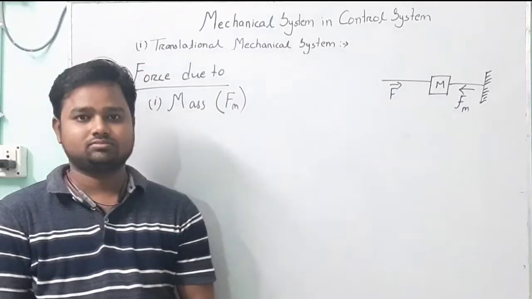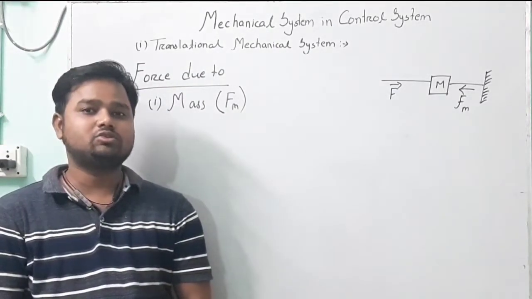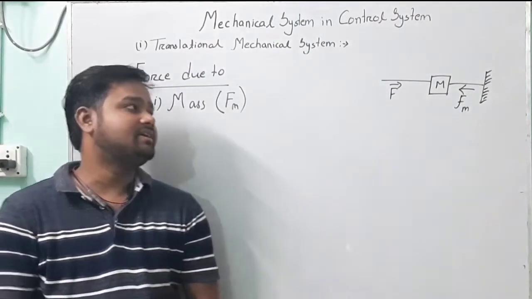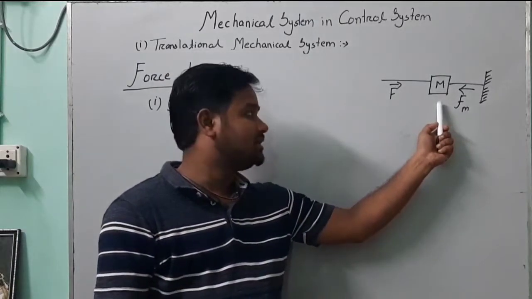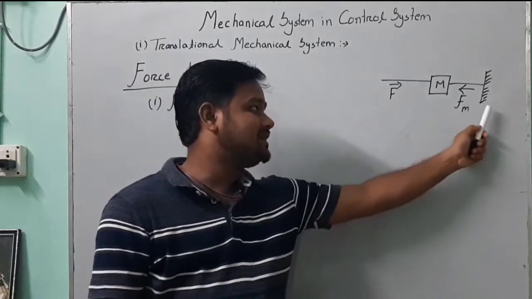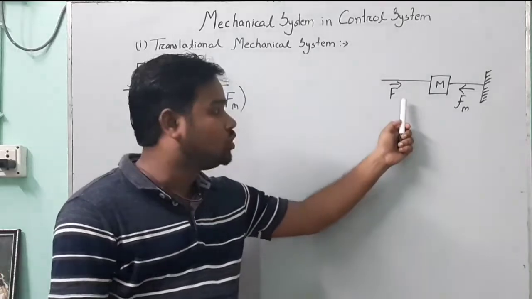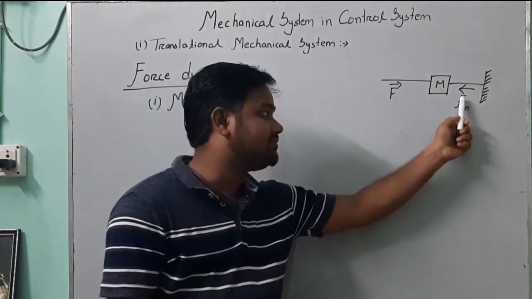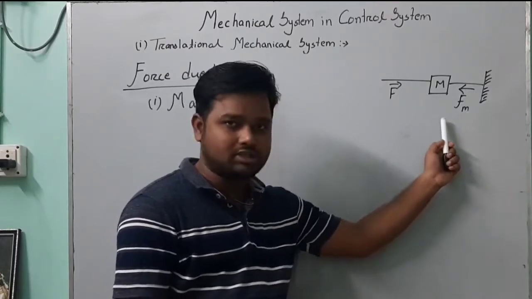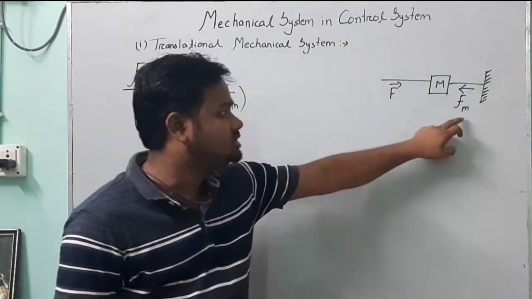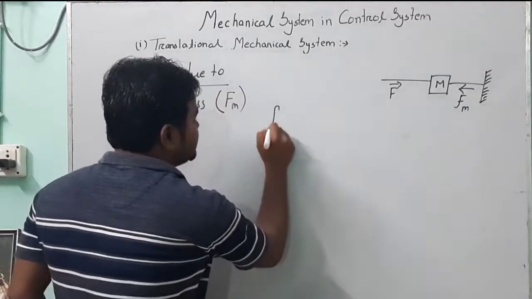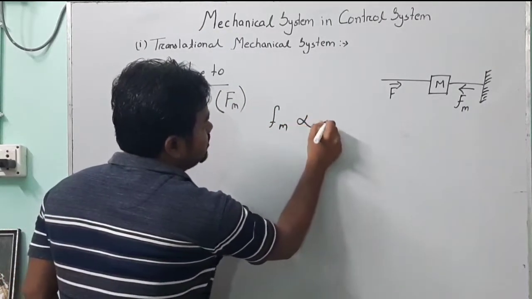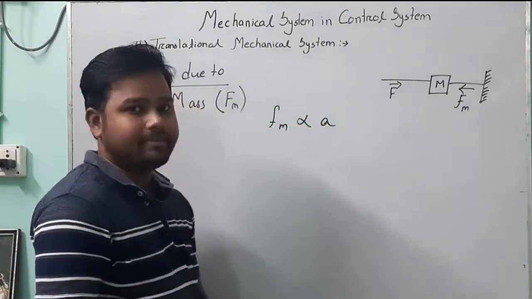Okay, now we have studied displacement x, velocity v and acceleration a. First we will study the force due to mass m. If a body having mass m is connected such that one side is fixed and one side is open, and in the open side you apply some force F, then an opposing force Fm is established in the opposite direction. This opposing force Fm is directly proportional to the acceleration of the body.